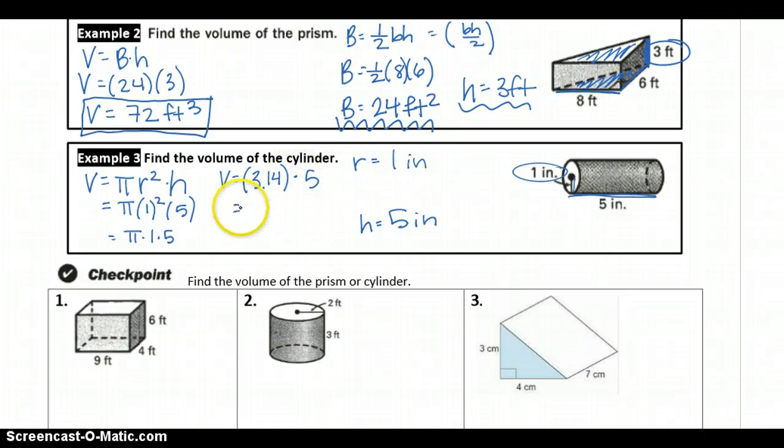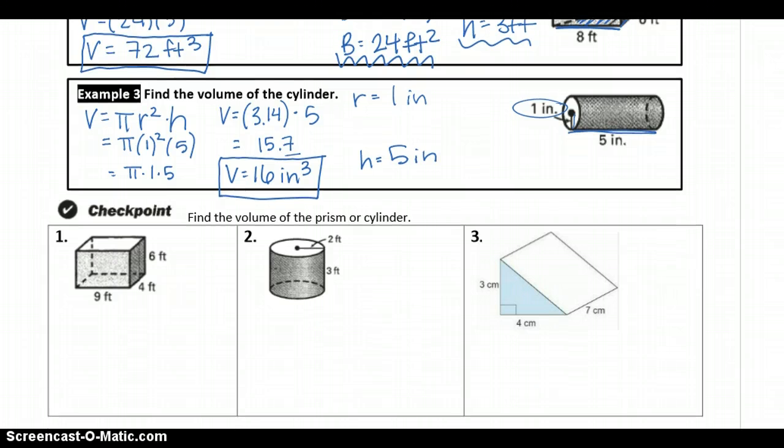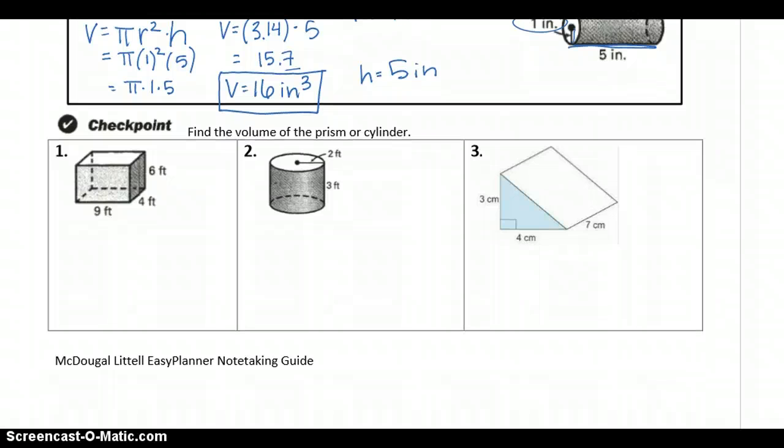So when I plug this into my calculator, I'll get a value of 15.7, but we're going to go ahead and round to the nearest whole number. So since it's 0.7, we'll round up to 16, and our units are inches cubed. There is our final volume. Again, don't forget your units, and don't forget if it's volume that your units should be cubed. So you are responsible for checkpoints 1, 2, and 3.